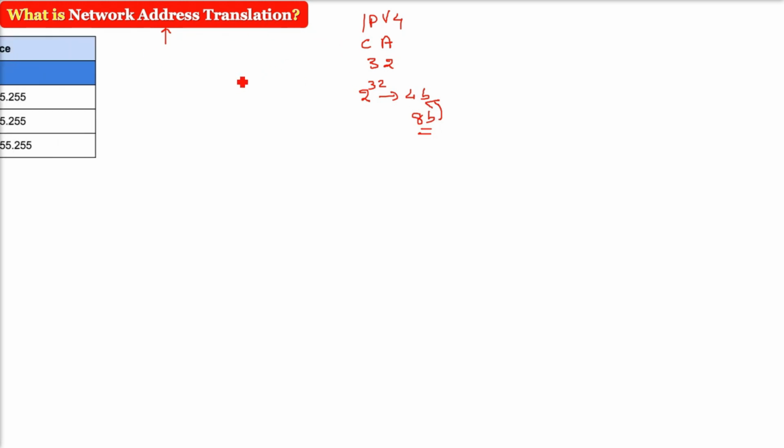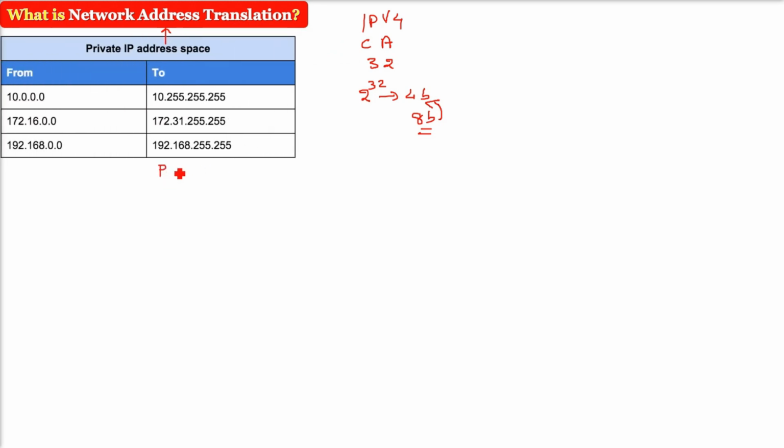But here, the scenario is, we have a public IP and a private IP. Only the public IP can be used on the internet. But we have private IP, class A, B, C here; D and E we don't use. In this private IP, let me give you a scenario first.